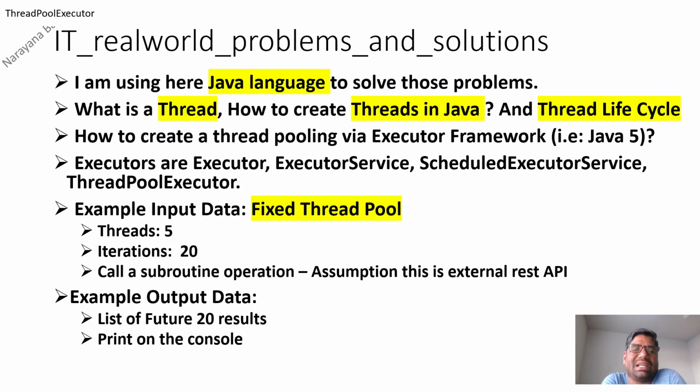One is my thread inherits using the Thread class. Otherwise, you can have the other approach by implementing the Runnable interface. My thread implements Runnable, then there is a method called run. You can go ahead and override. My thread extends Thread, there also you override, either this approach or that approach.